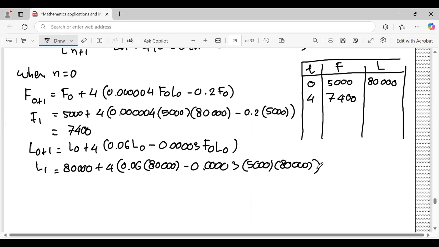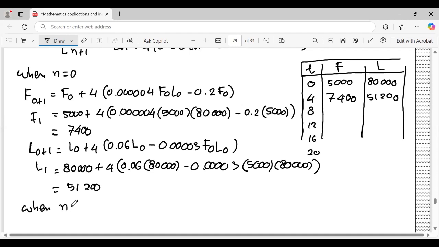And the result is 51,200. So writing here 51,200. The next step is 8, after 8, 12, after 12, 16, after 16, 20.